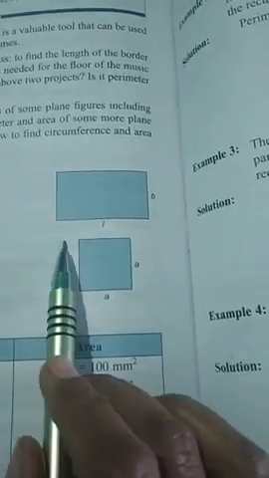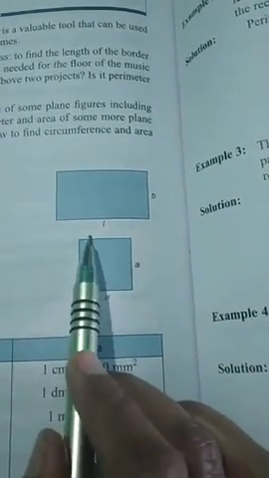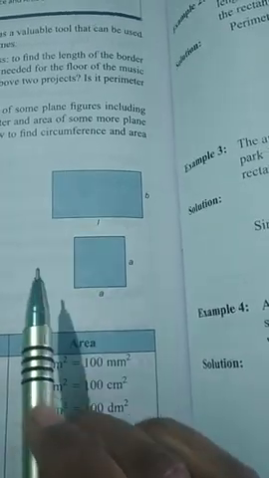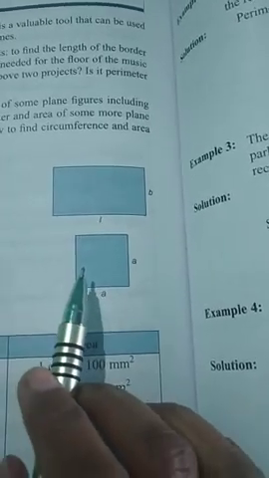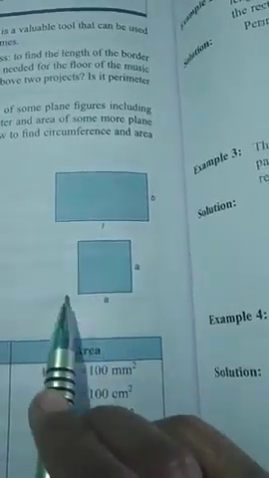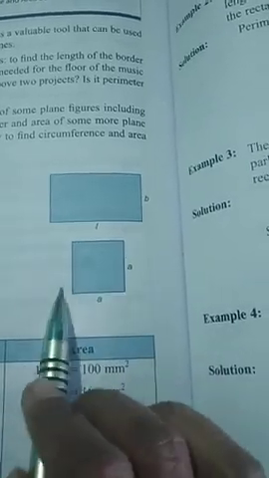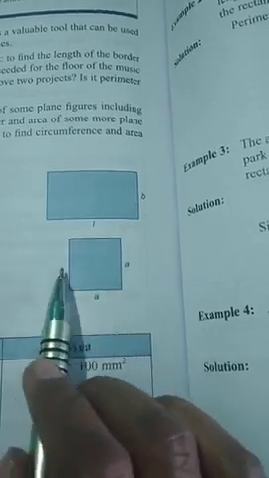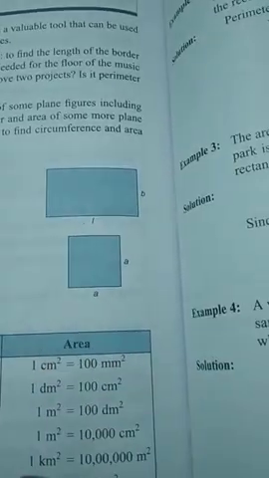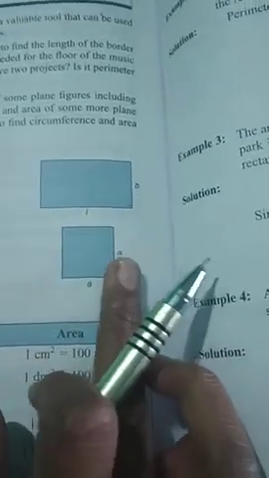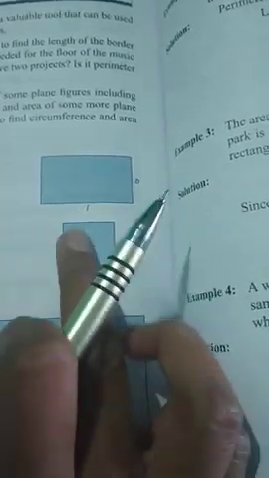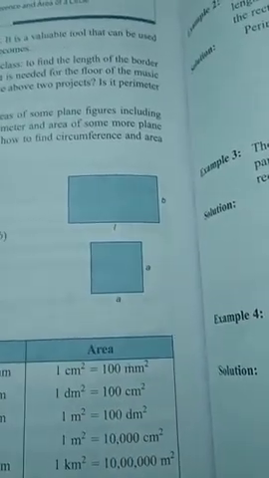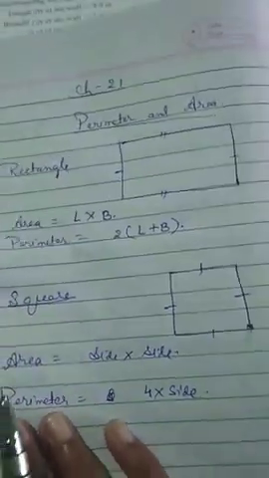For a square also, the perimeter is the length of the outer boundary of any closed figure, and area is the surface or region enclosed inside the closed boundary. So we have the formulas for a rectangle.